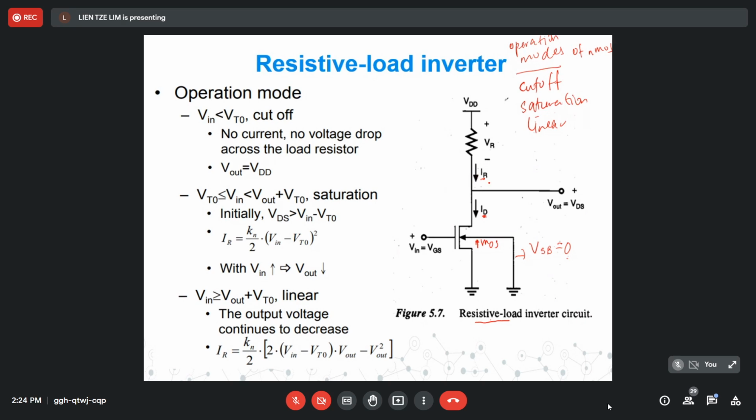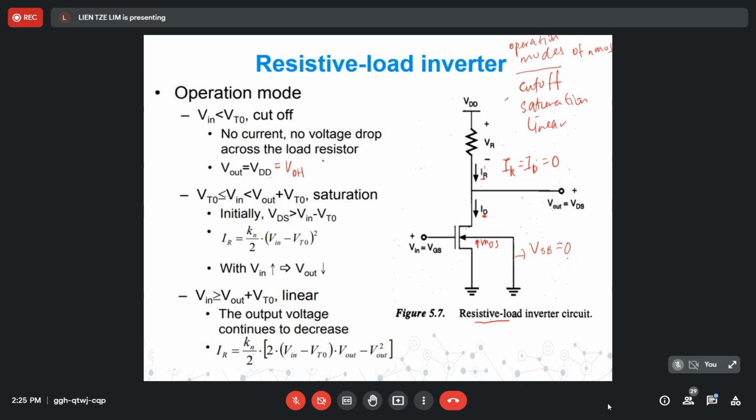So you see here IR equals ID equals 0, because there is no current and no voltage drop. And then we can expect that Vout will be high, and the voltage level should be VDD. Sometimes we can also write it as equal to VOH.